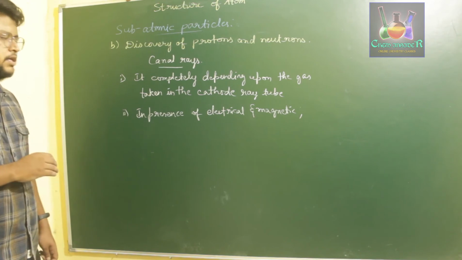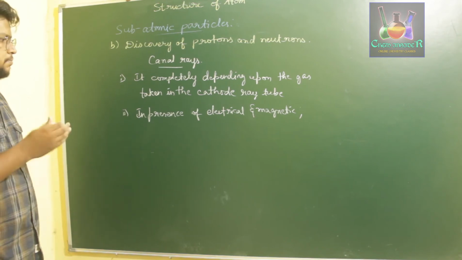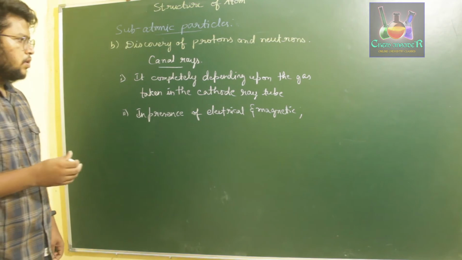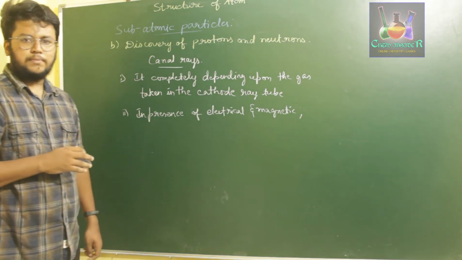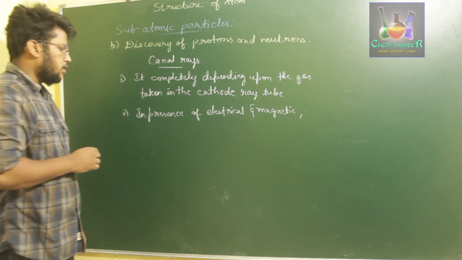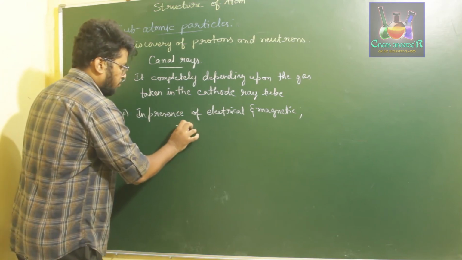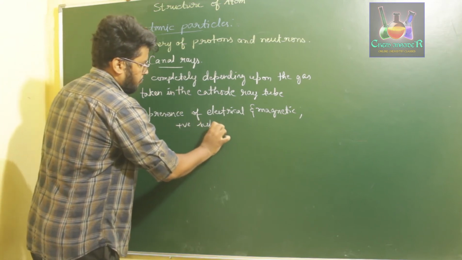The characteristics shown by these particles in the presence of electrical and magnetic fields were quite opposite to what we observed in the case of electrons. So therefore we call them a positive subatomic particle.